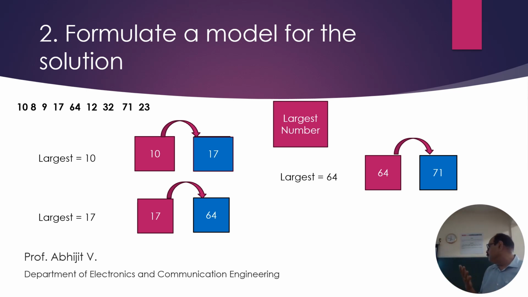Next, we'll compare 71 with 23. There is no change. So we declare that 71 is the largest number. So this method of finding a reasonable solution with which you can find answers is called formulating the model for a problem. Okay? Are you all able to understand clearly? Yes.